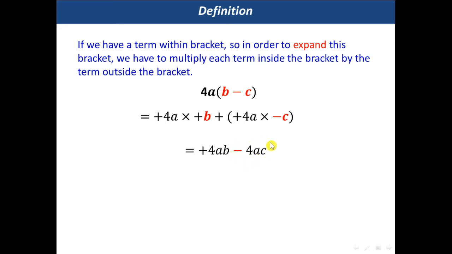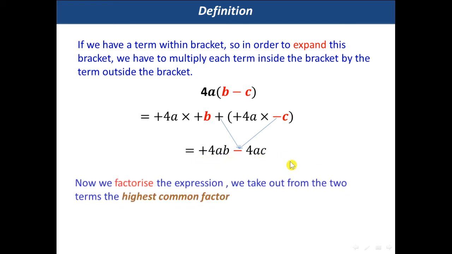So that you know where this 4ac came from: it is the result of multiplying 4a by minus c, which is minus 4ac, inside the bracket, which is then multiplied by the plus outside. Plus times minus again is minus 4ac. So the result is 4ab minus 4ac.